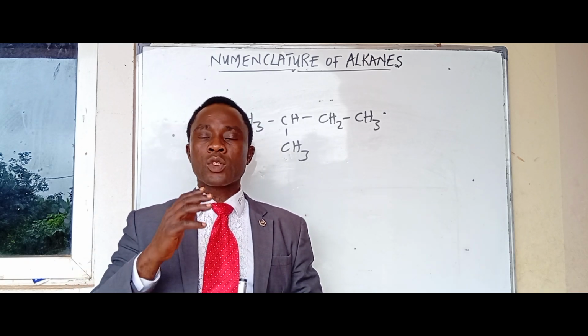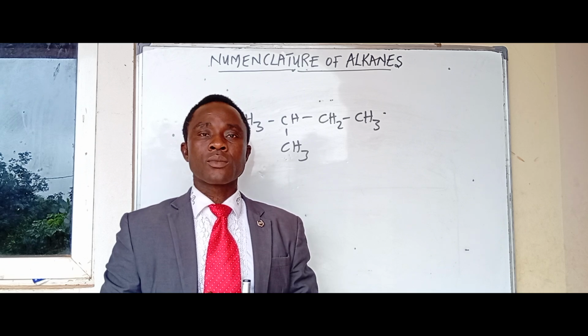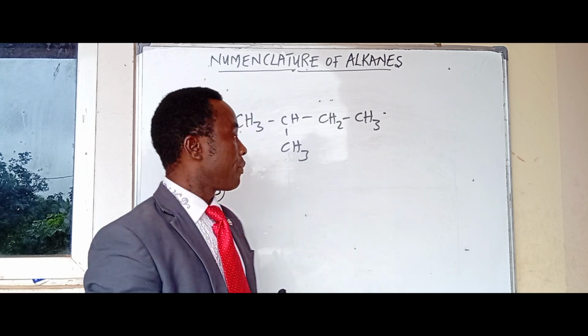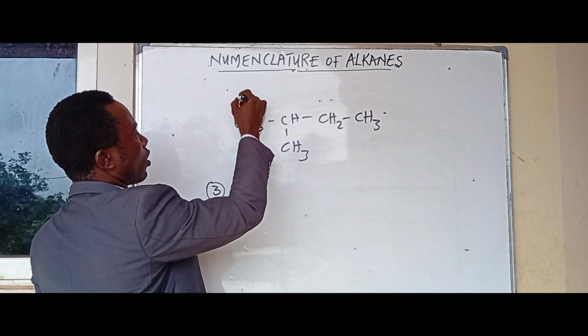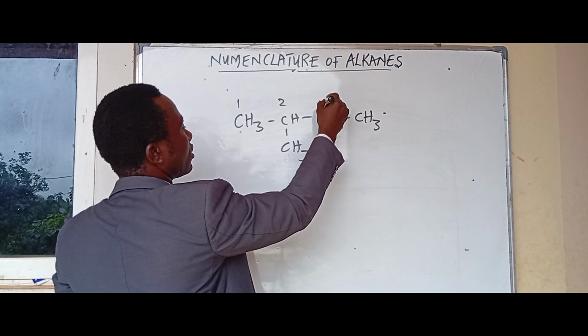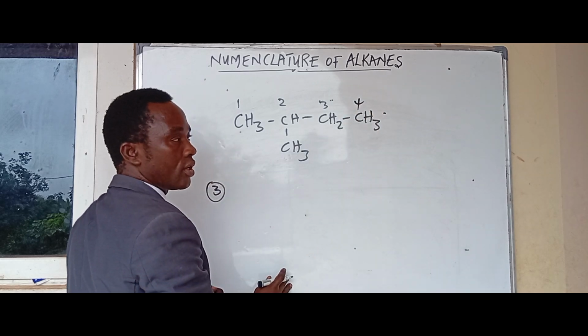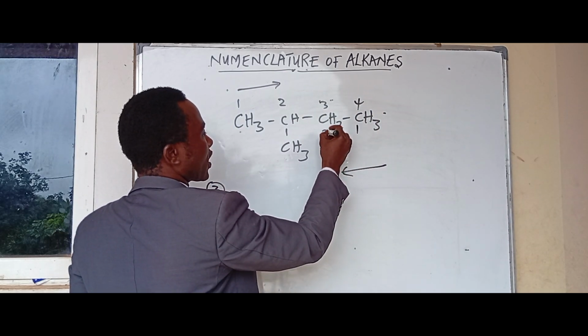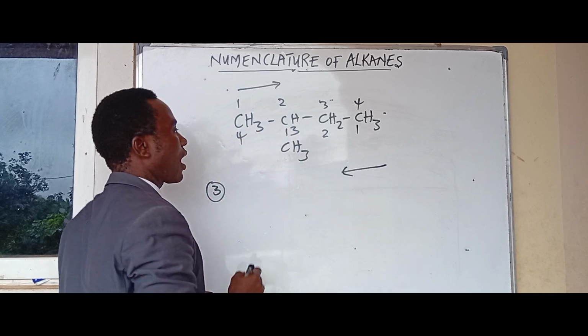Number them. But when you are numbering it, you need to number in such a way that the substituent takes the least position possible. What I mean is this: I can number this compound as number 1, 2 carbon, the 3rd carbon, and the 4th carbon. It's also possible for me to number this way: 1st carbon, 2nd carbon, 3rd carbon, and 4th carbon.